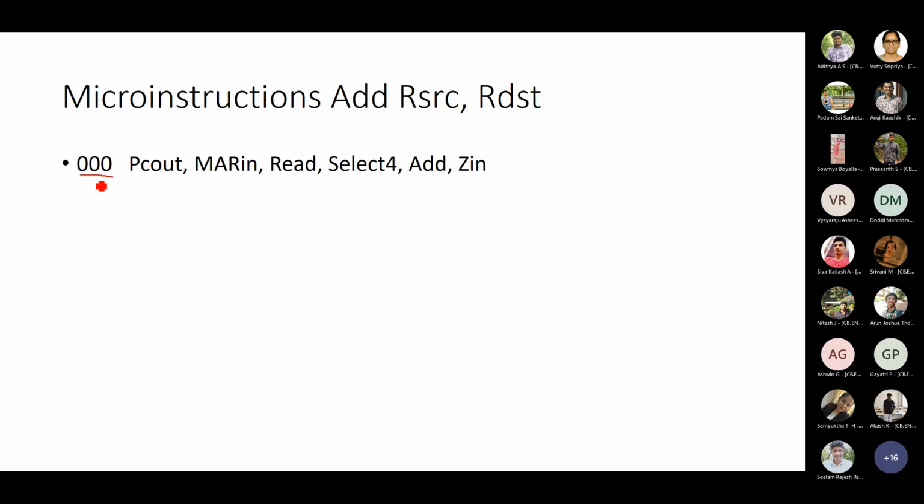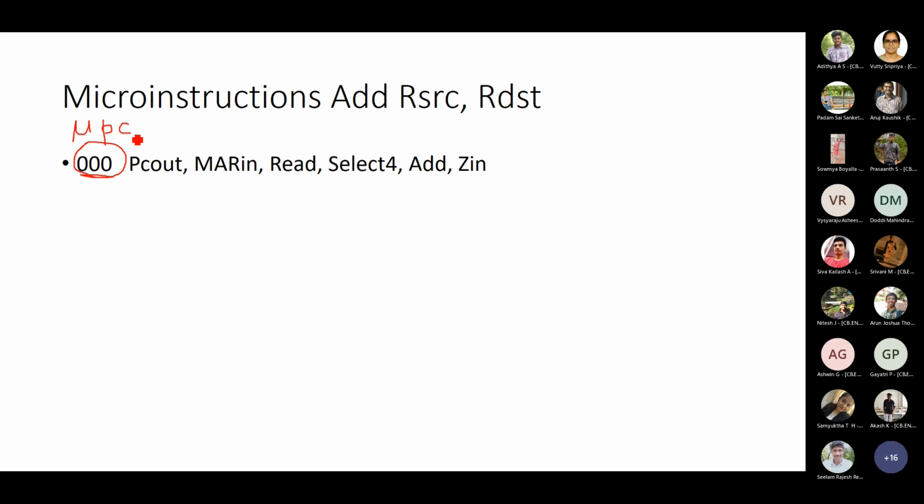So what does this 000 mean here? This is the content of which register? Which register? Come on, guys. Mu PC. Very good. This is the content of your mu PC.